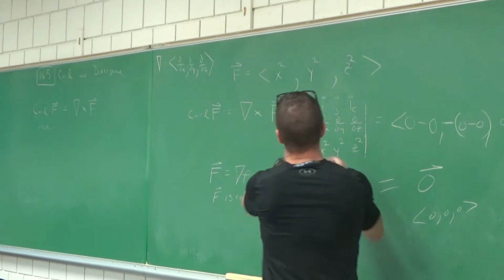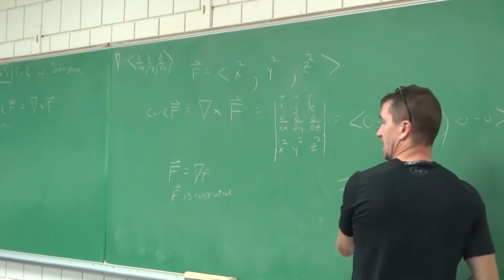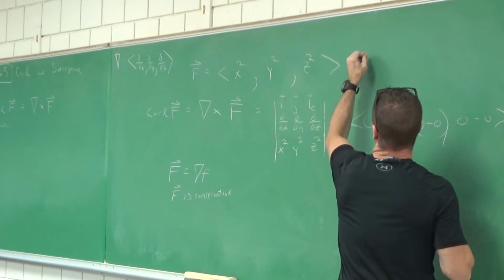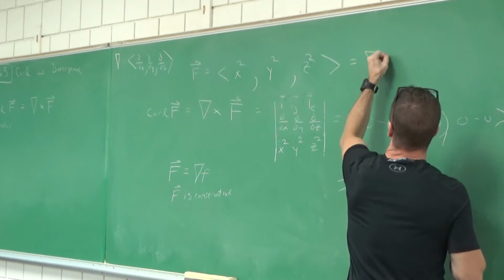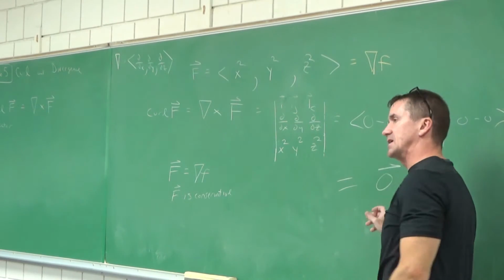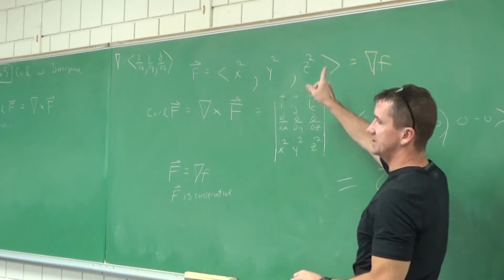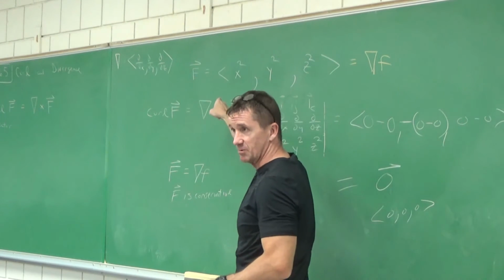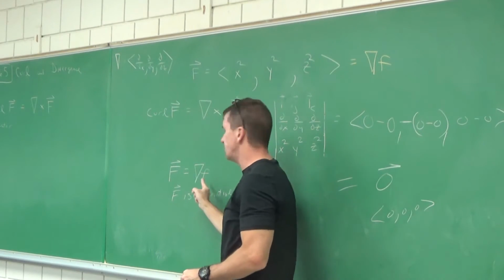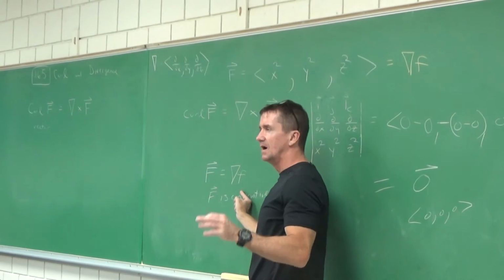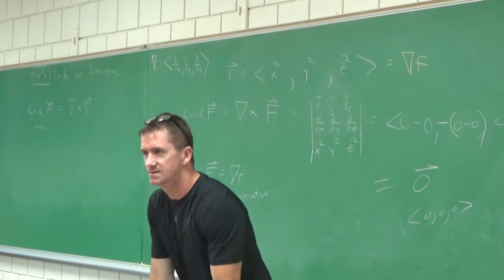So here I could write that, because of what we got. Remember what I said? If the curl of that vector field is 0, then that means the vector field is conservative. Which this one is, that means some function f of x, y, and z must exist.